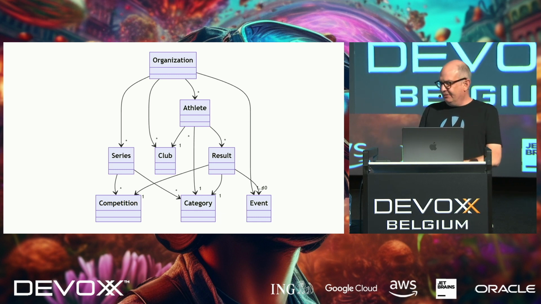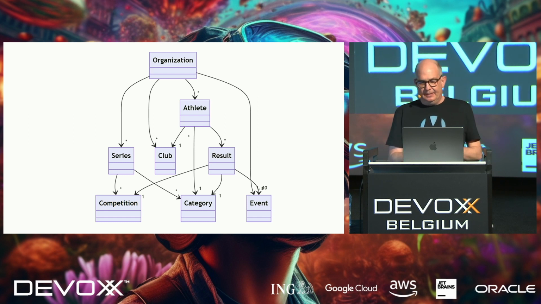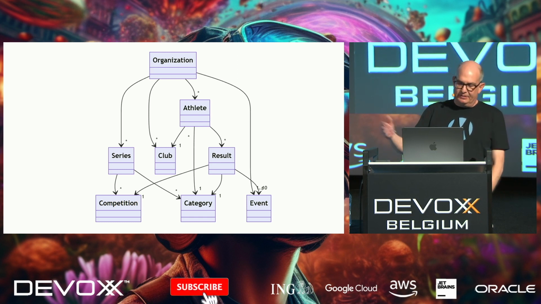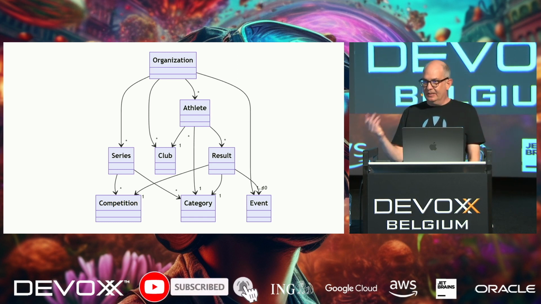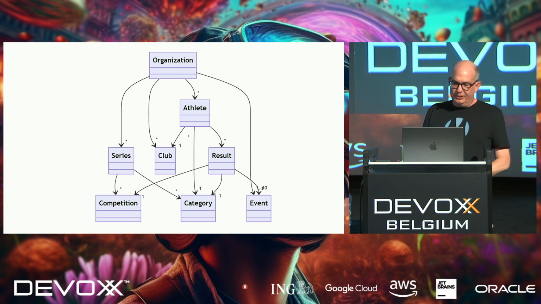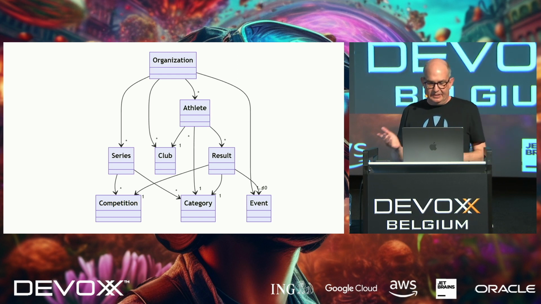But from the model you can see that we have something called a series. Why do we have a series? A series can contain multiple competitions. So if you maybe watch track and field on television, like Golden League or Diamond League, then you see that this is a very common situation where you have a final ranking list for the whole series. Then we have some categories.